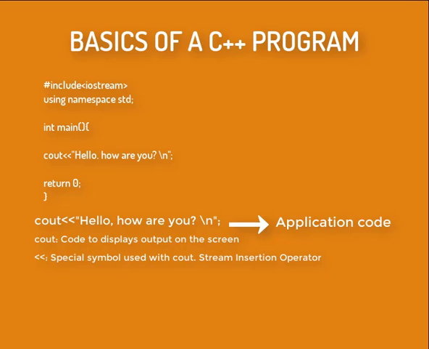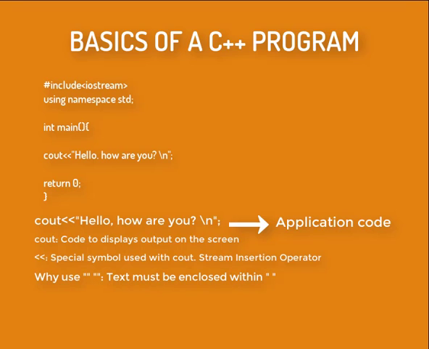The purpose of the stream insertion operator is to execute what cout is telling the compiler, that whatever follows the stream insertion operator should be displayed on the screen. In this case, what follows is a message in English, hello, how are you. So the stream insertion operator is an operator that allows cout to display a message on the screen.